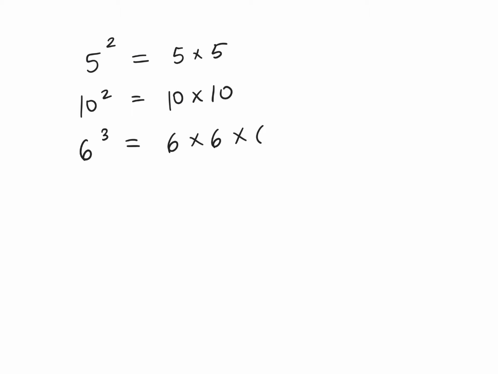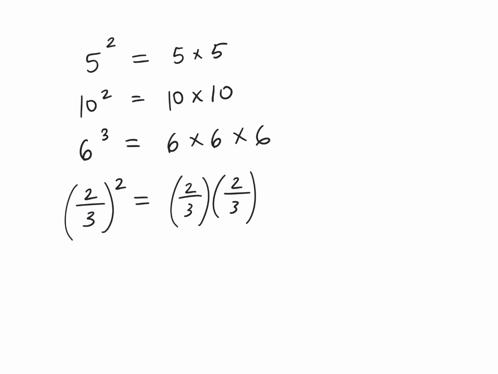Okay, so just as a quick little review, what does this mean in expanded form? What's 5 squared? 5 times 5. What's 10 squared? 10 times 10. Good. What's 6 to the power of 3? What is 2 over 3 squared? 2 over 3 times 2 over 3.